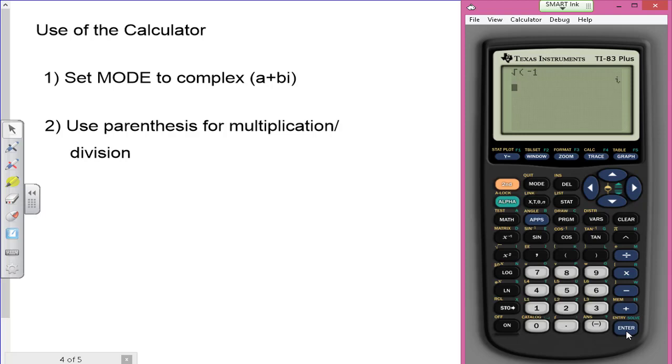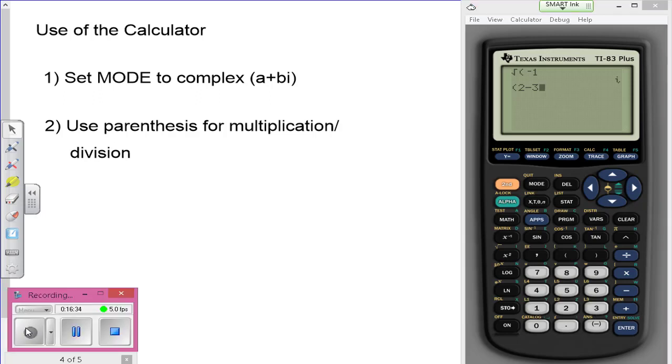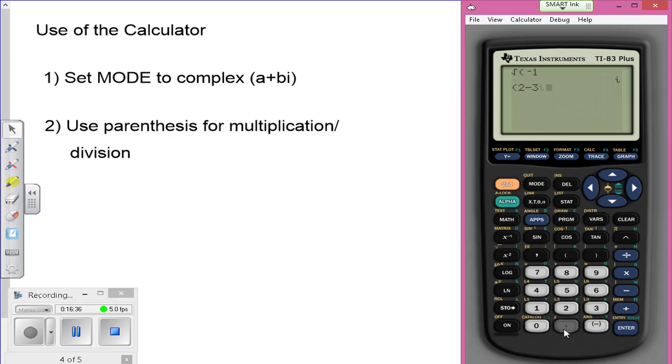So if you want to add, say, 2 minus 3i, you hit second and your decimal point, and you can bring up the unit i. And then say I want to add that to, let's do -1 minus 6i.